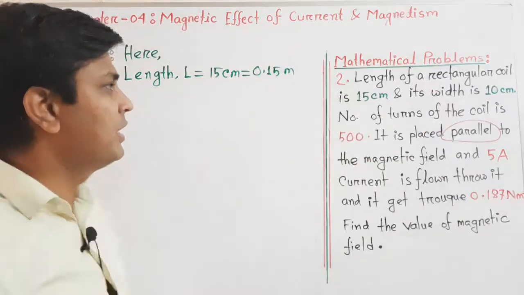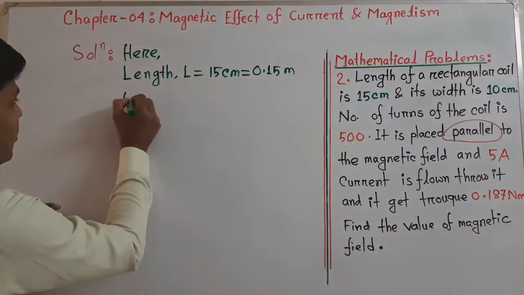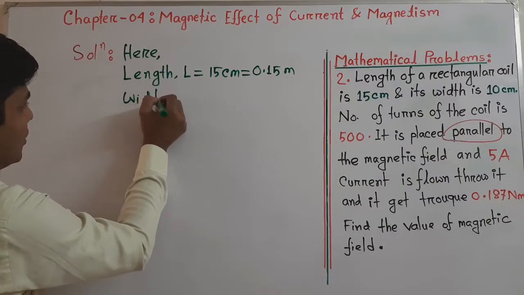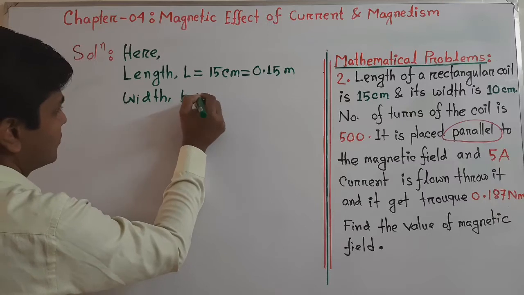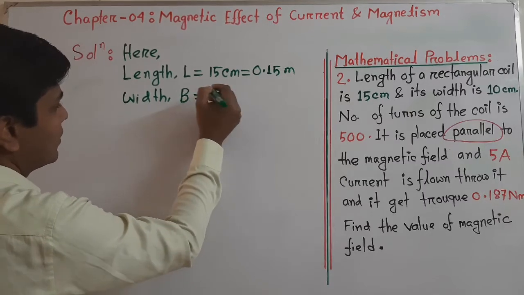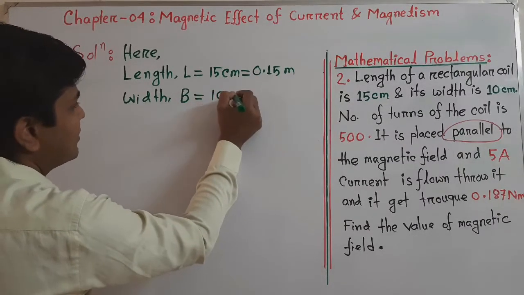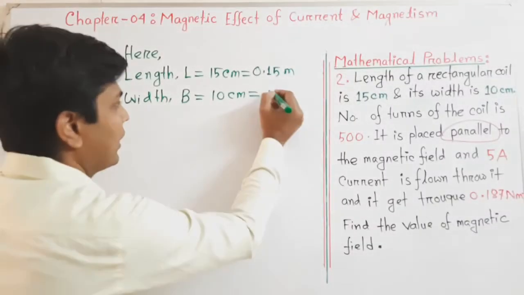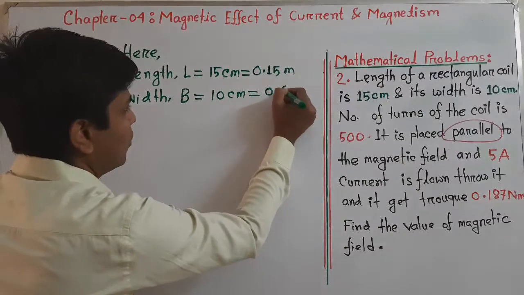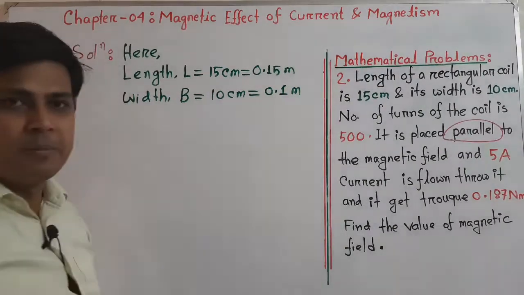The breadth, or width, is given as 10 centimeter, which equals 0.1 meter.